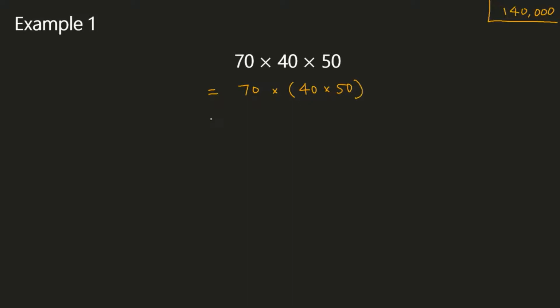Okay, so we're going to compute what's inside the parentheses first, copying down the rest. 40 times 50 is 2,000. Now, 70 times 2,000 gives us 140,000. Okay, so the result is the same as before.